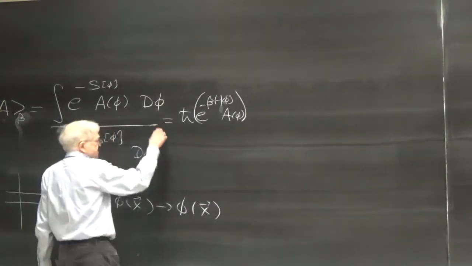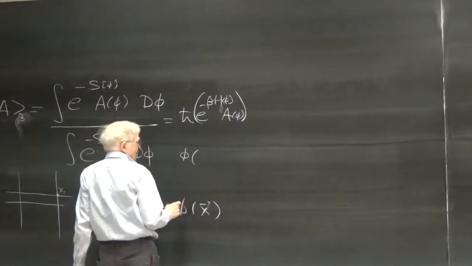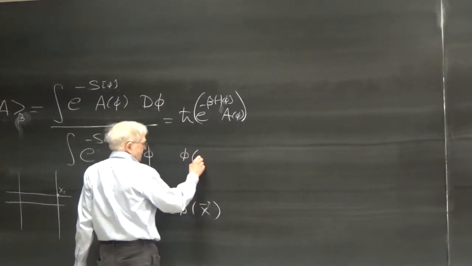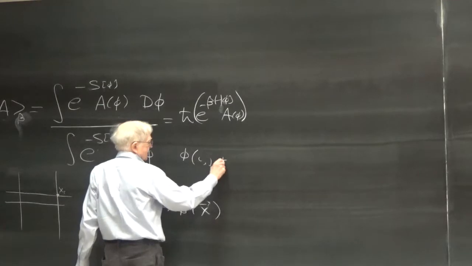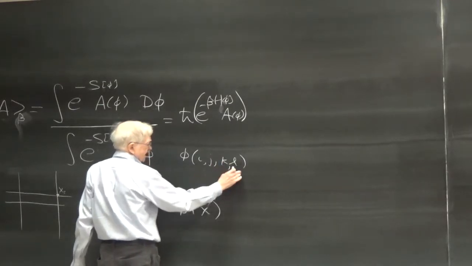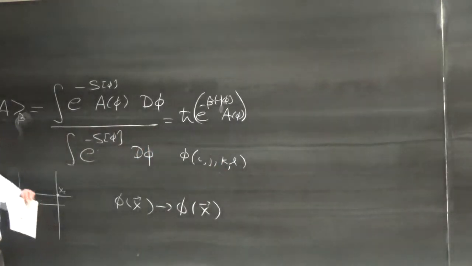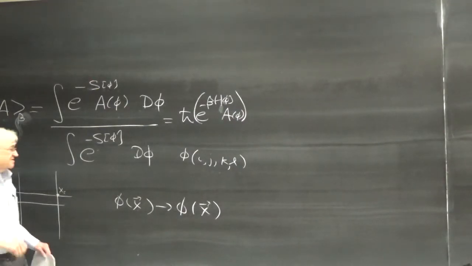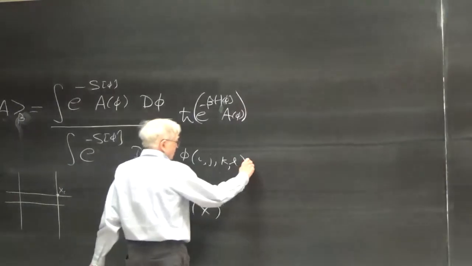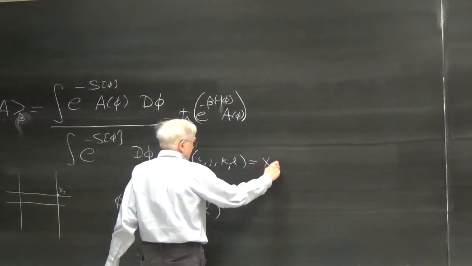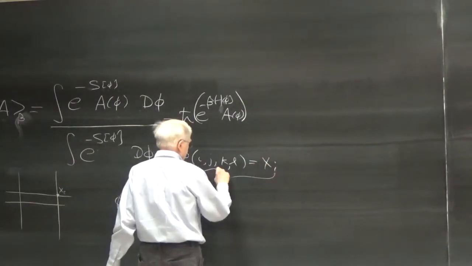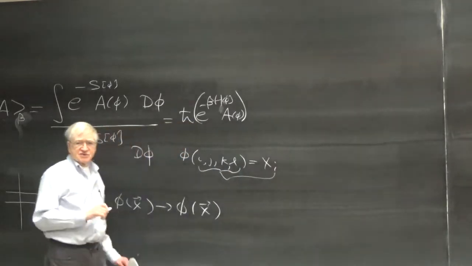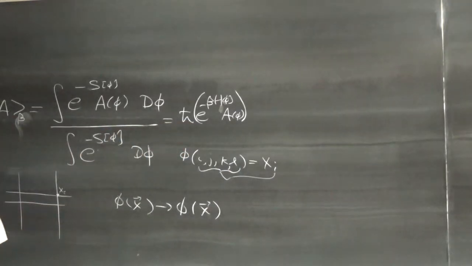If we have one scalar field, then this would be phi at I, J, K, L, where I, J, K, and L are integers that label the point, the vertex of the four-dimensional lattice. And I would call this x sub I, where I corresponds to I, J, K, L. So just for notational simplicity, I'm just calling phi of I, J, K, L x sub I.